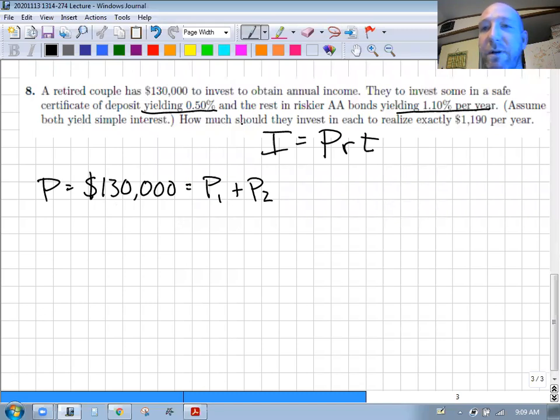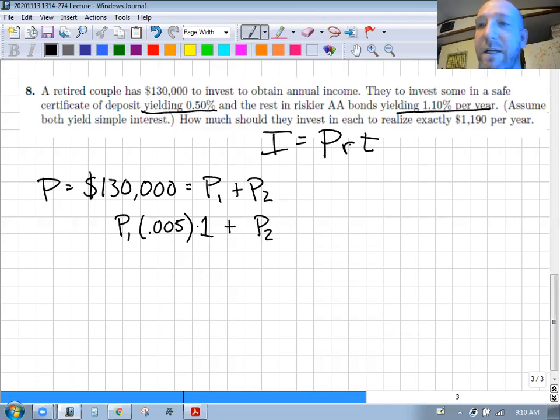So the second equation, because we got two unknowns here, P1 and P2, we have to use this. They want to get this much interest. So the interest on the first account at this rate would be P1 times the interest rate, 0.005, and the time is 1 year.